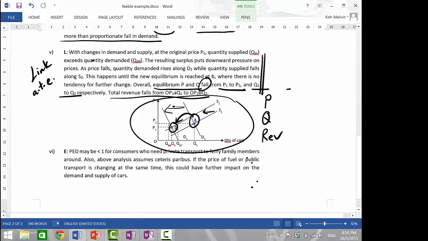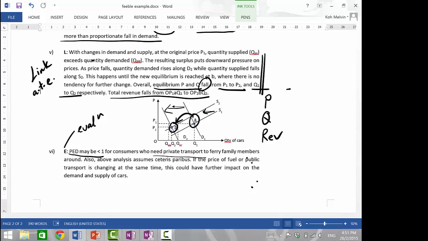So what we highlighted in the last step, evaluation, is that PED, earlier on we said that PED is greater than 1, because the car takes up a significant portion of income. But here, we acknowledge that some consumers need private transport. To them, it could be a necessity. Maybe because they have an elderly person whom they need to transport around, and public transport is probably not a good alternative. So in this case, PED is smaller than 1.